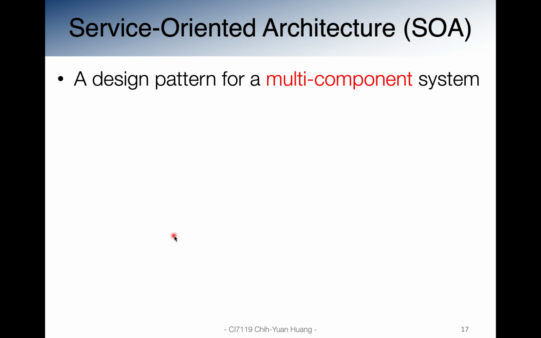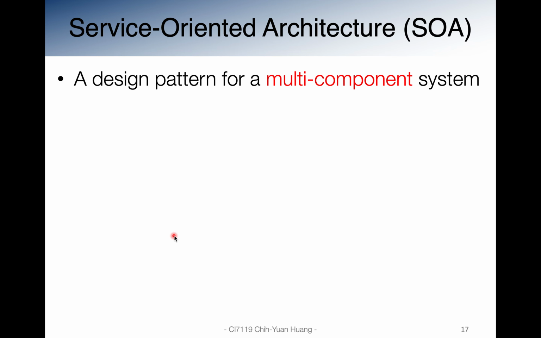So what exactly is SOA, the service-oriented architecture? As we talked about earlier with web services, the resources in web services can be easily shared or reused by multiple clients.